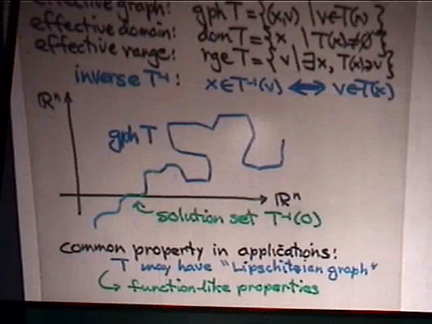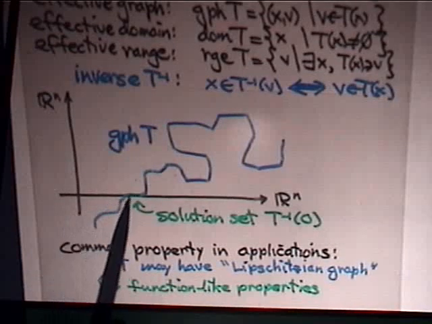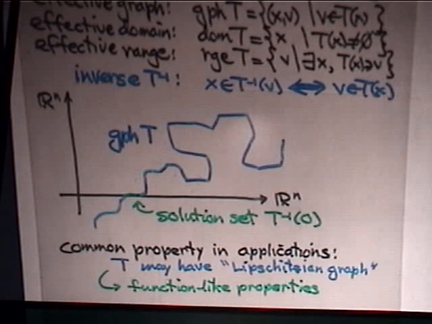I do avoid that term usually. Now here, the points where 0 is in the image are here. It's a set of solutions. Still, there's something very function-like about this mapping, because it has a graph which is a sort of Lipschitzian graph. It's a Lipschitzian manifold, and this is a kind of property that is required to be studied and understood.